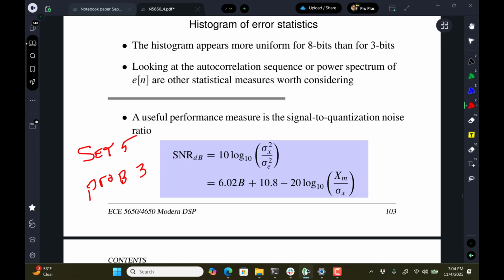This is just based on modeling with the uniform distribution and the delta squared over 12. These constants come from the 12 and the delta squared. This has a small advantage, but I think this is just a better way to go. That's the way I work the problems, and that's kind of how I have problem number 3 set up. You calculate those terms that are the power in the signal and the power in the quantization error, and then you get the signal to noise ratio from that.